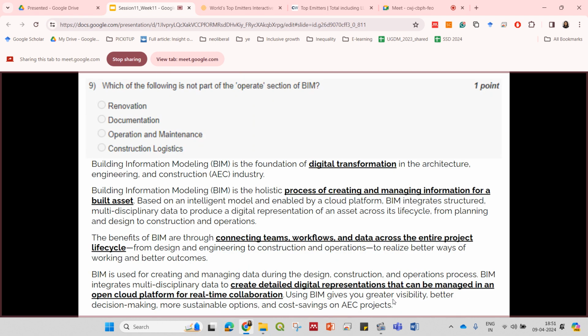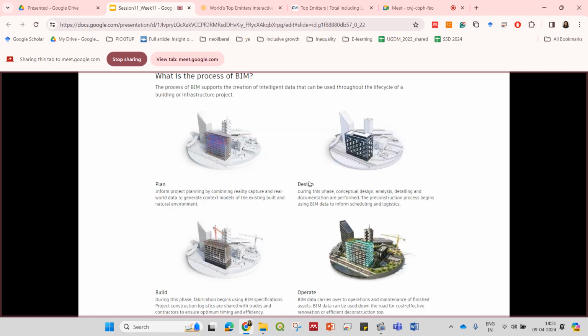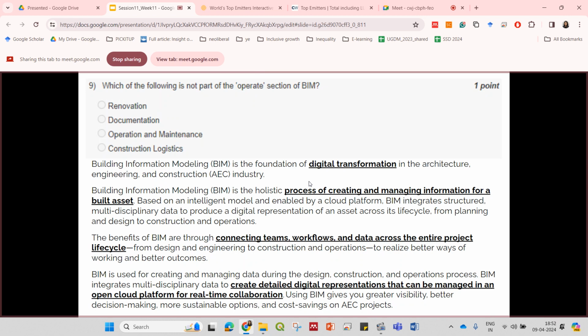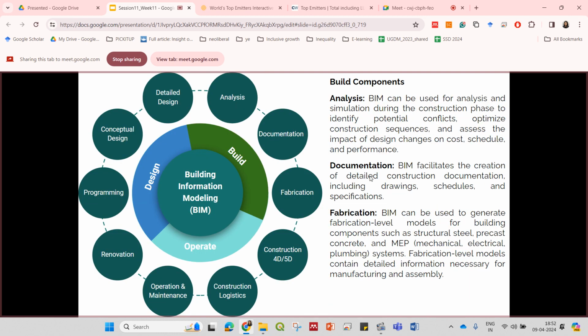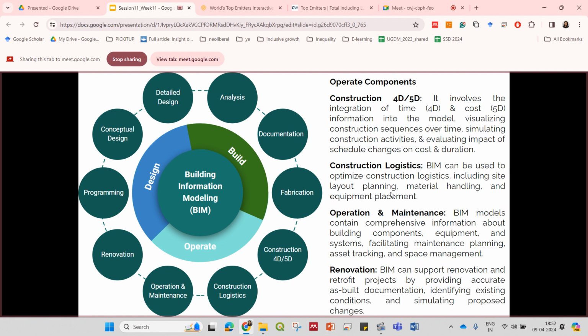This question is asking which of these are not part of the operate section of BIM. We saw here that documentation is part of the build component, not the operate component.